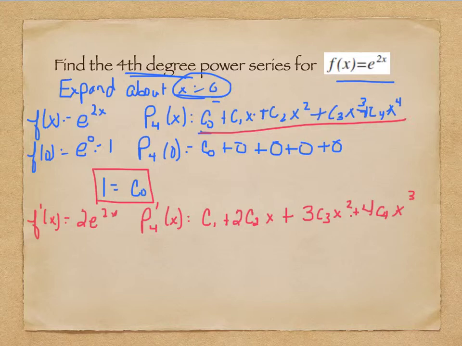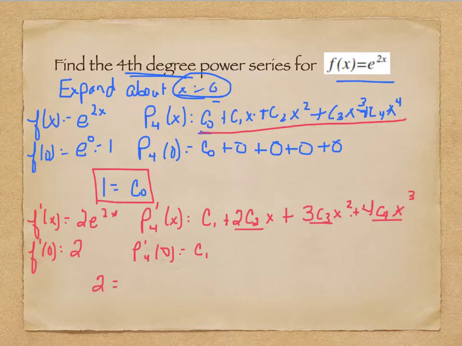But again, I want to see what happens when I substitute in 0. So f prime of 0 would be 2 e to the 0, which is 2. p4 prime of 0 would be c1, and all of the rest of your terms have an x with them, so when x is 0, they'll all go to 0. So setting f prime equal to p prime, I now know that c1 is 2.